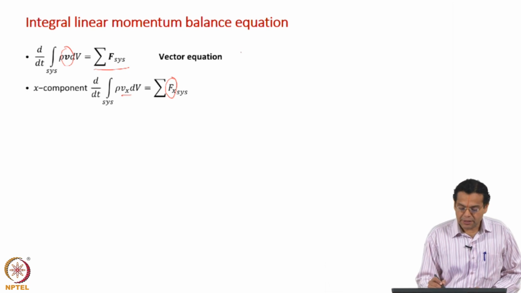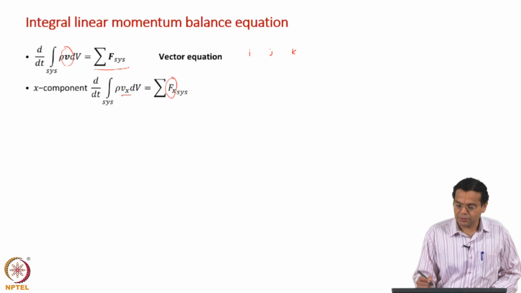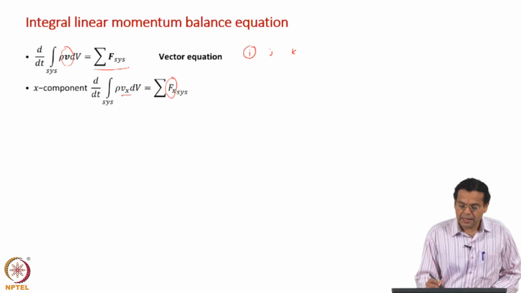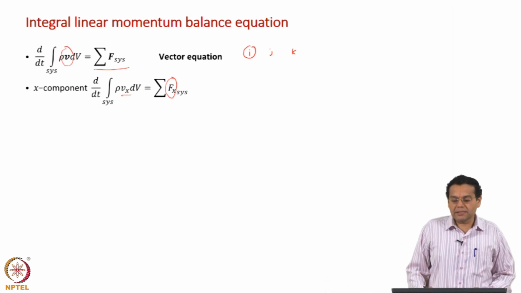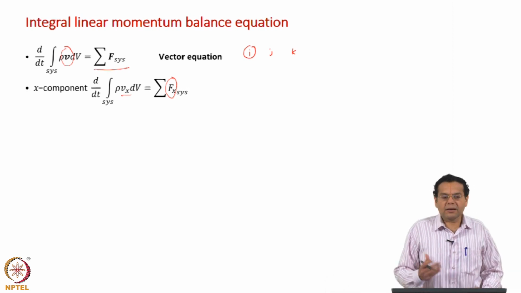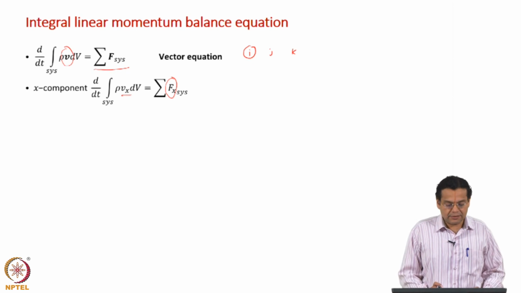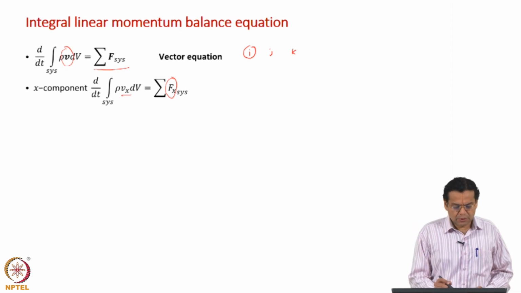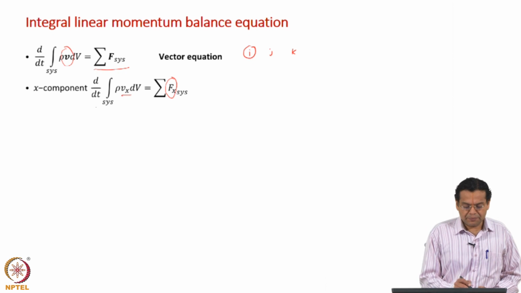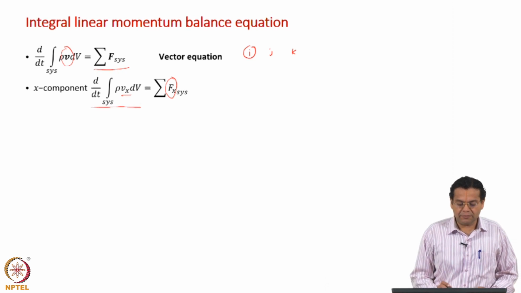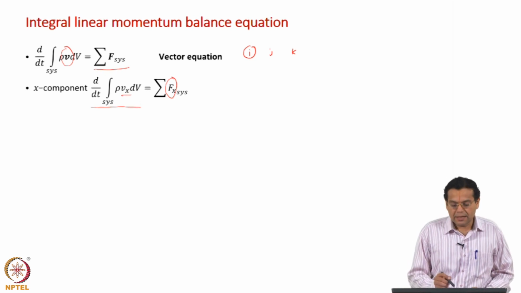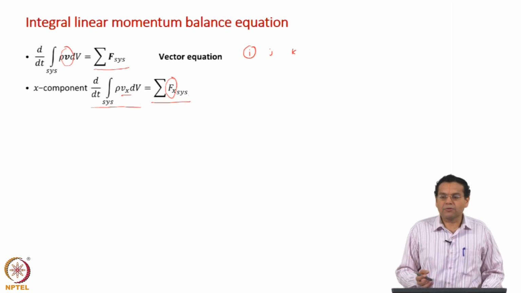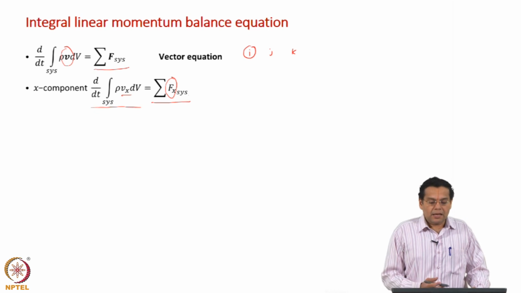This equation has, let us say, i, j and k components, or x, y, z components, and we are writing only the x component. So, we will derive the linear momentum balance along the x direction, and analogously we can do it for the y and z directions. How do you read this equation? This tells you the rate of change of momentum of the system along the x direction, and on the right side the sum of all the forces acting on the system along the x direction.